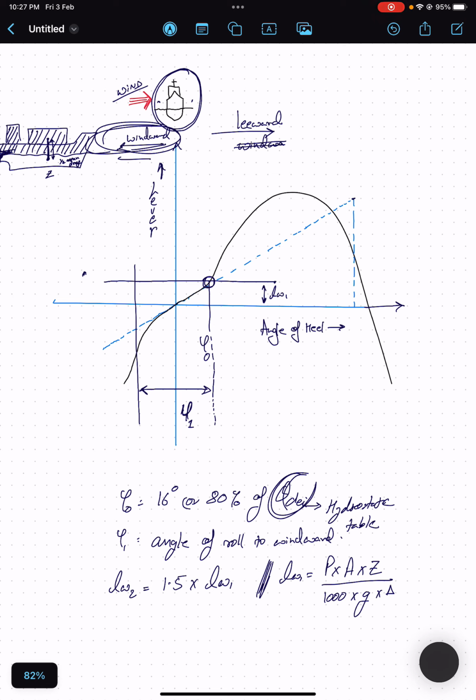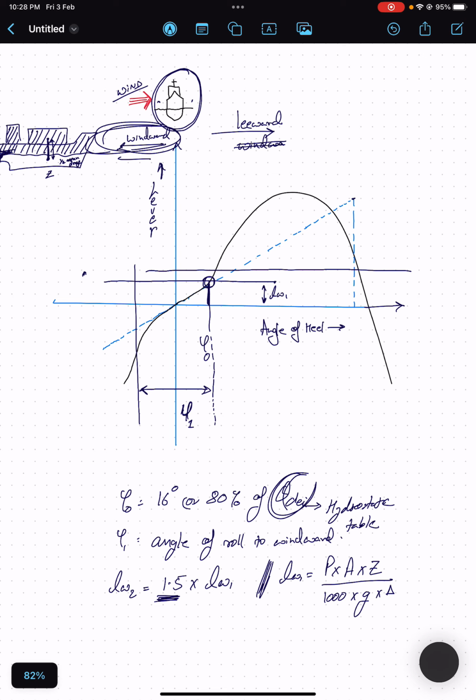So that figure will give us another straight line, but this straight line, as we already know, is 1.5 times LW1. So this should come roughly somewhere here: 1 times, half times, 1.5 times.